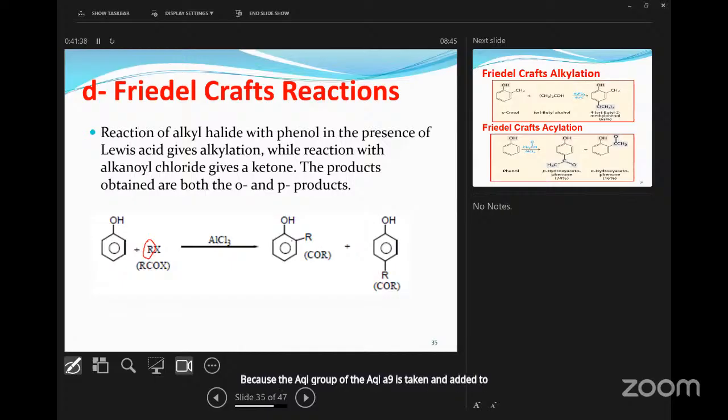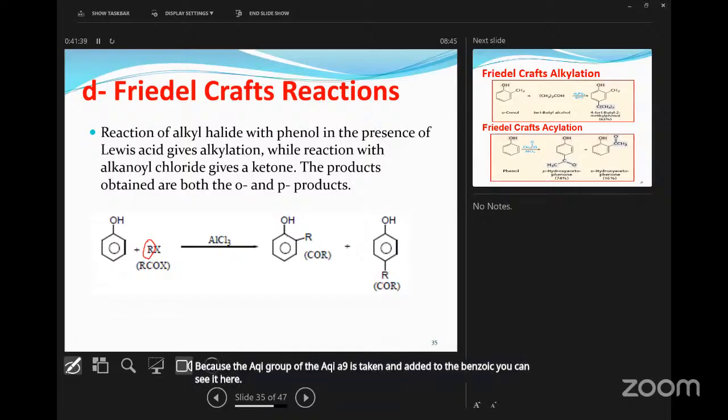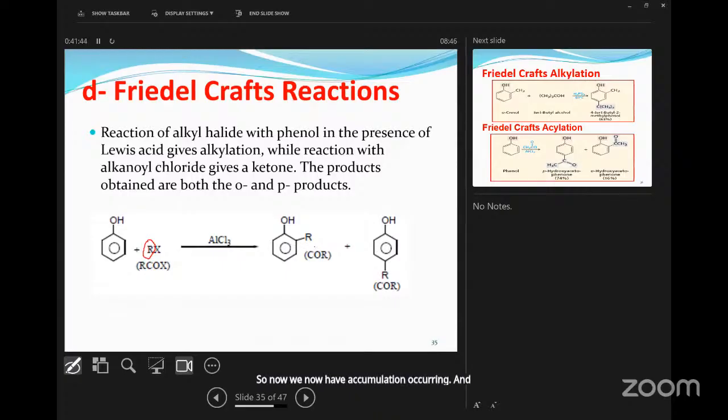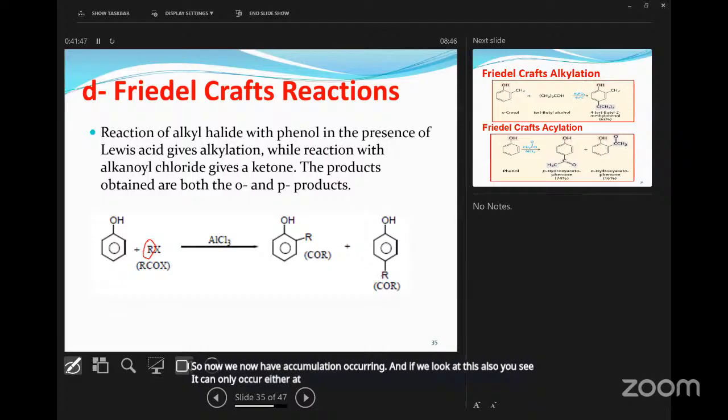You can see it here. So now we have alkylation occurring. And if you look at this also, you see that it can only occur either at the ortho position or at the para position.